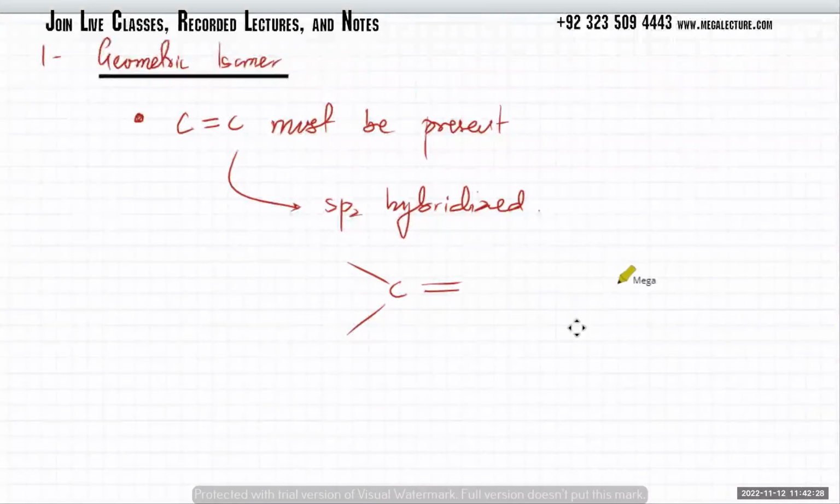What happens to carbon is that one of its electrons is being pulled by one atom, another electron is being pulled by some other atom, and there's a third electron that's being attracted by a third atom.